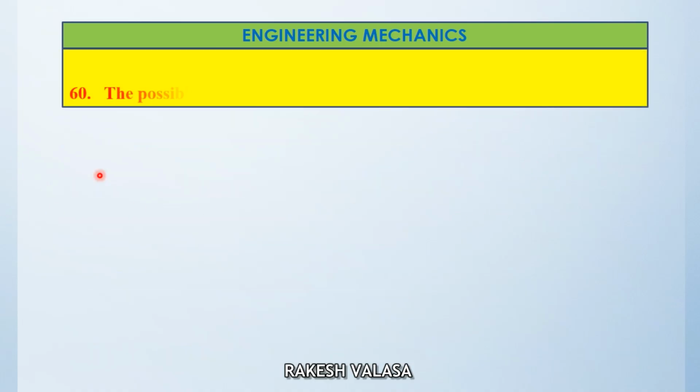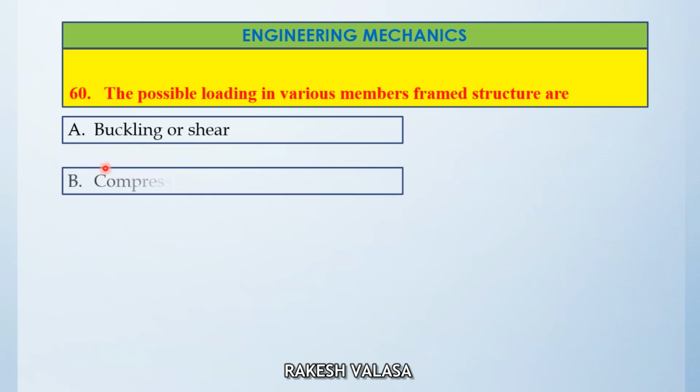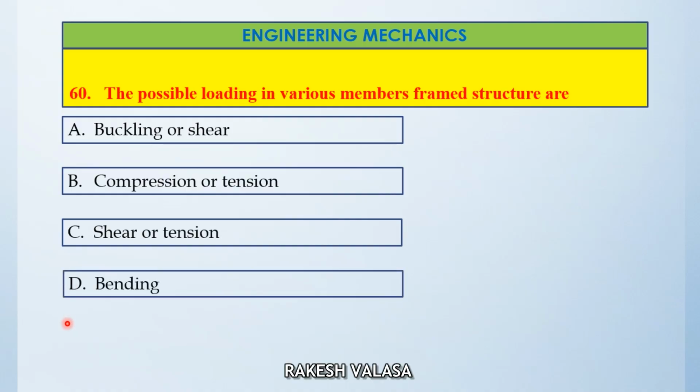Question number 60. The possible loading in various members of a framed structure are option A buckling or shear, option B compression or tension, option C shear or tension, option D bending.